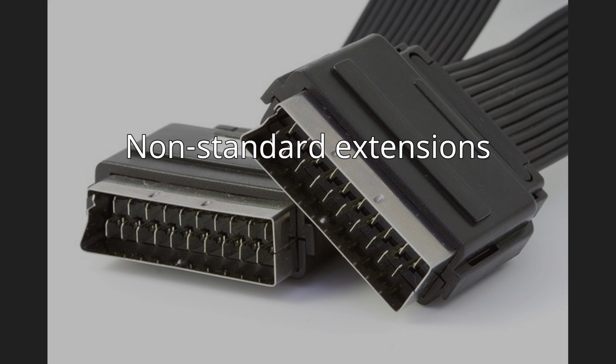Scart connection was also used, in limited cases, as a high-definition connection by using YPbPr over Scart by some television and audio-video equipment manufacturers, such as set-top boxes, DVD players, Blu-ray players, etc. By using a YPbPr connection, Scart could be used for high-definition signals like 720p, 1080i, 1080p.